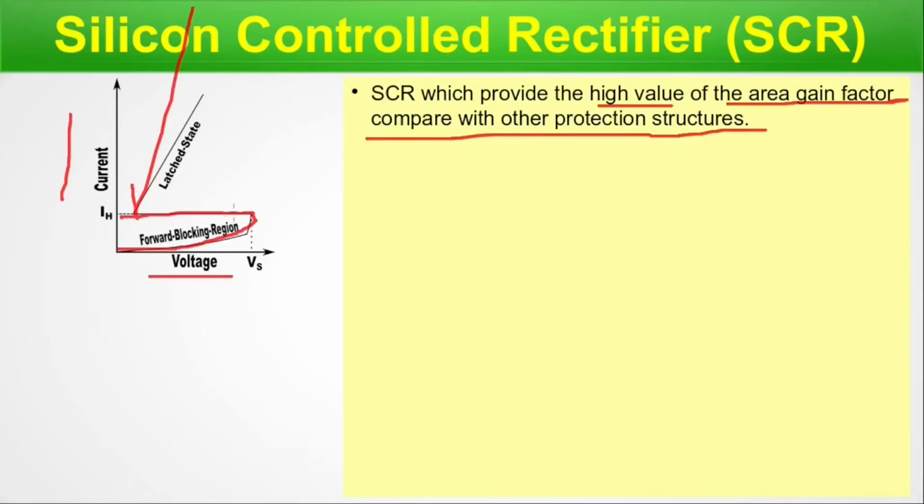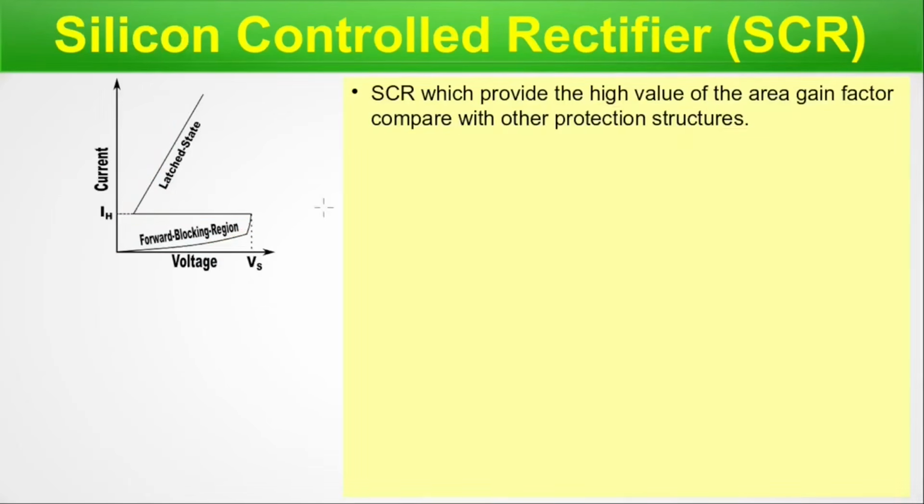That means the voltage actually drops and then the current goes high. Here it gives a path for the current to pass at a lower voltage. In actual practice this will be almost a line parallel to the current axis.